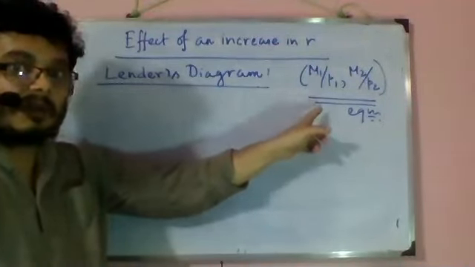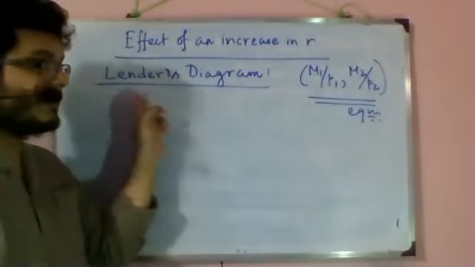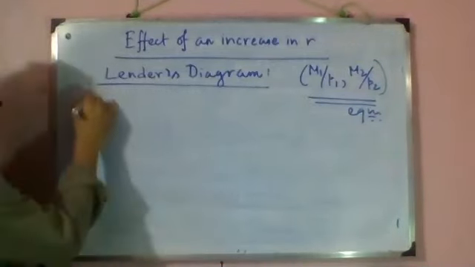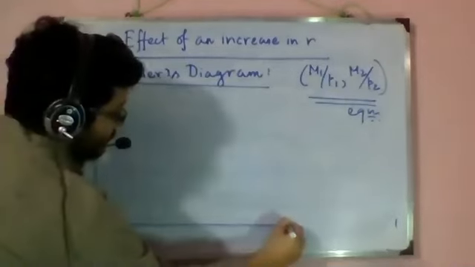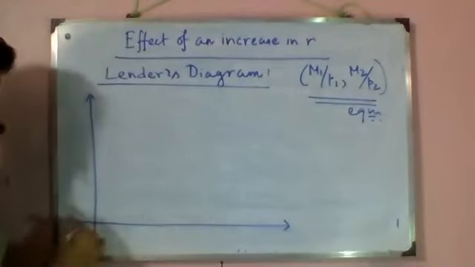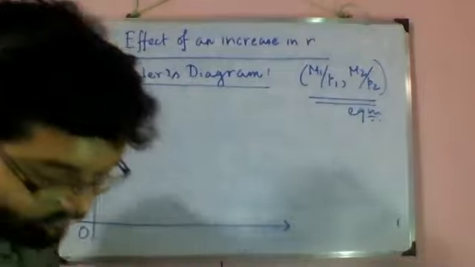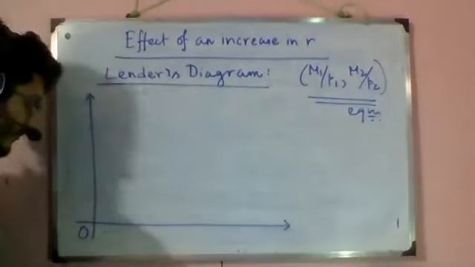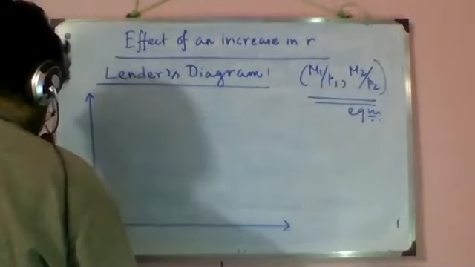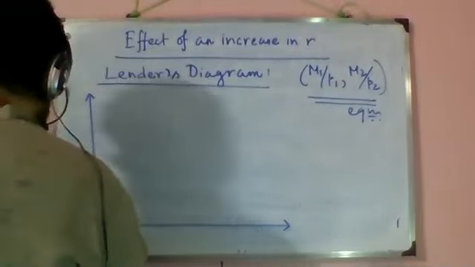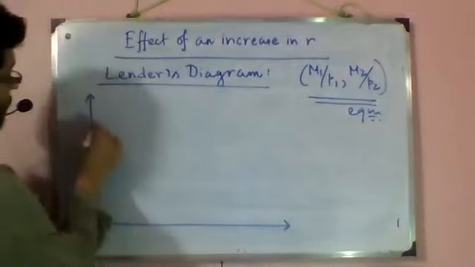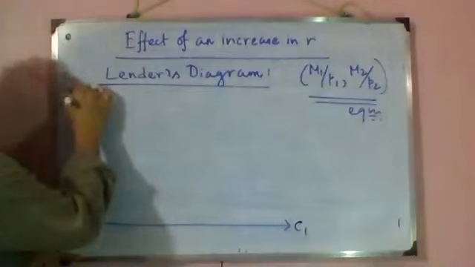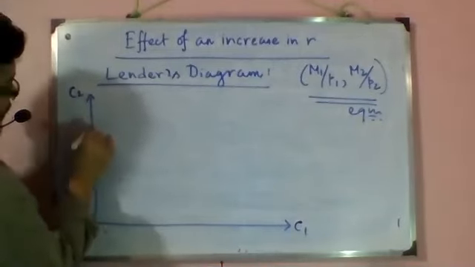Now, keeping in mind that I am drawing a lender's diagram, how are we going to do that? So the first budget line that we are going to take, make it a bit flatter.